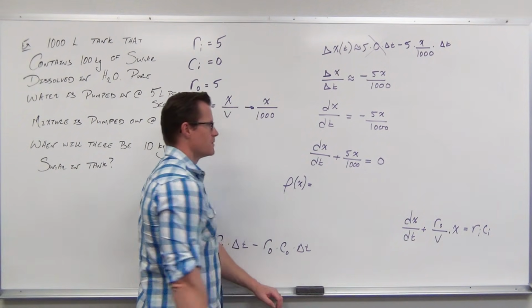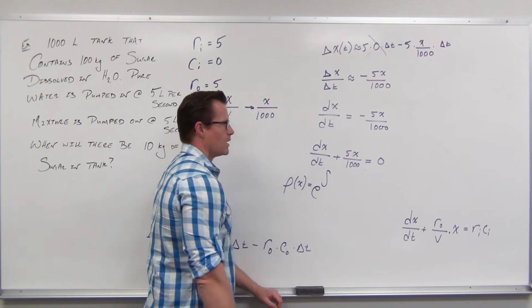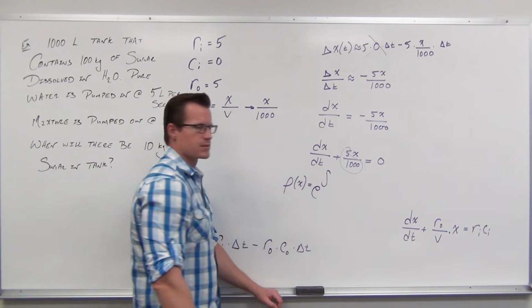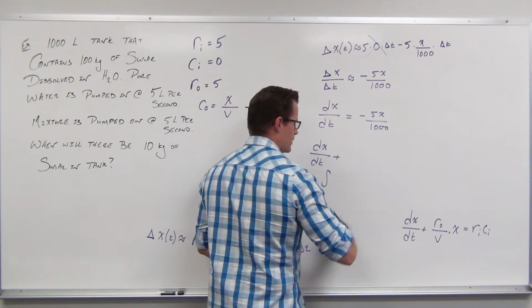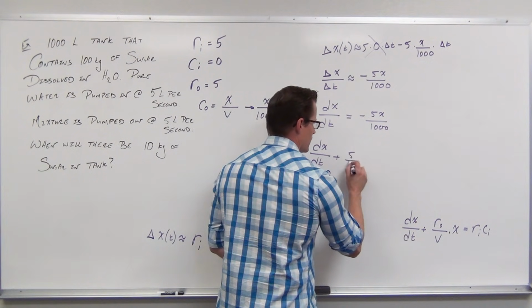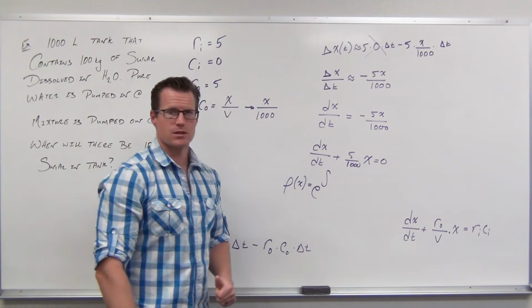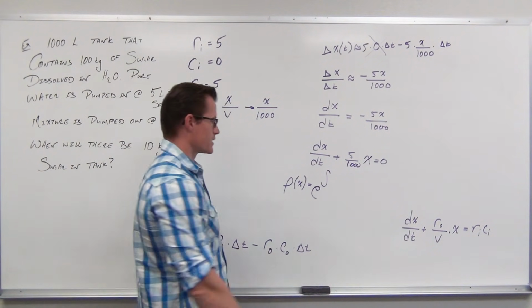We know that that's going to be e to the integral of whatever's in front of our x. I prefer writing it like that, where we'd have 5 over 1,000. You might even just do 1 over 200, which might be a little bit nicer.